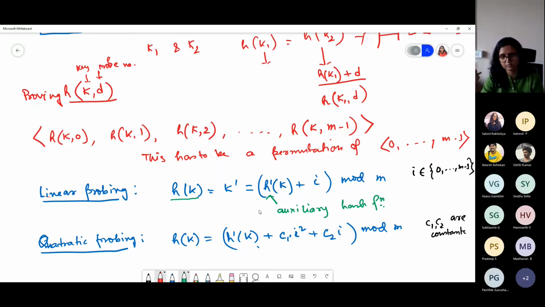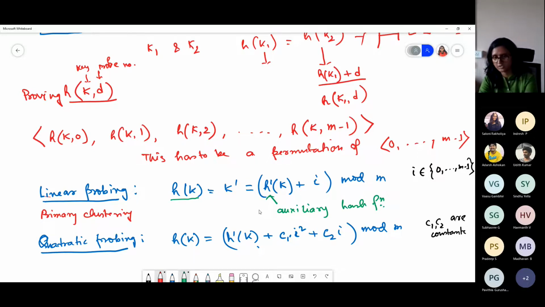If it is not available, then 1, that means the next slot, then 2, then the next after that. In this way you will continuously try the consecutive slots, so consecutive slots will get filled up in a sequence. That means there will be a problem of primary clustering, where long runs of consecutive slots will be filled together.